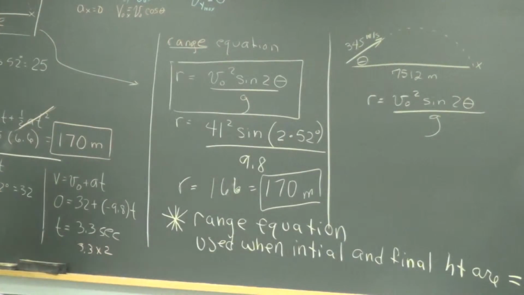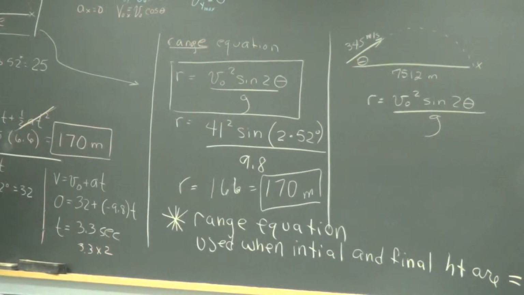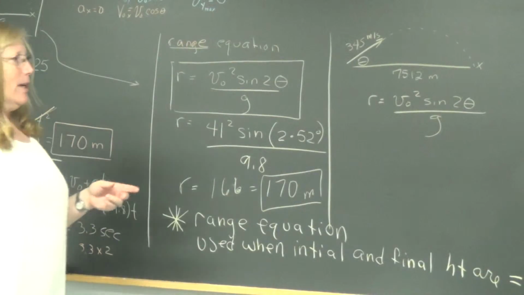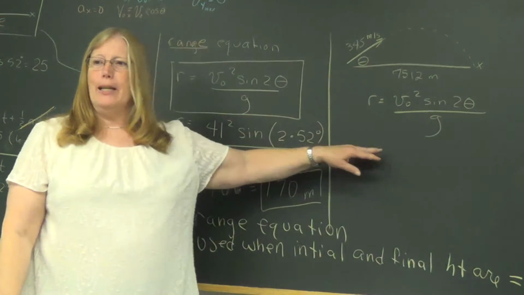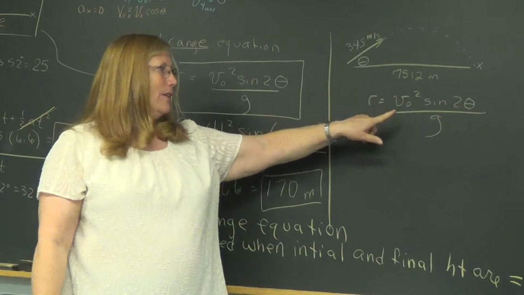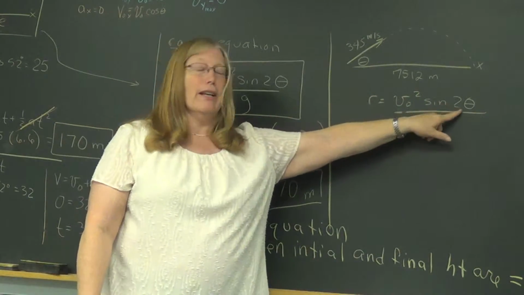All right, so let's go on. We had to do 3 in class yesterday, and then we started 3 practice problems. I thought that you could do them fairly well without any intervention from me, even though some of them gave you the range and asked you for the velocity, or gave you the range and asked you for the angle.